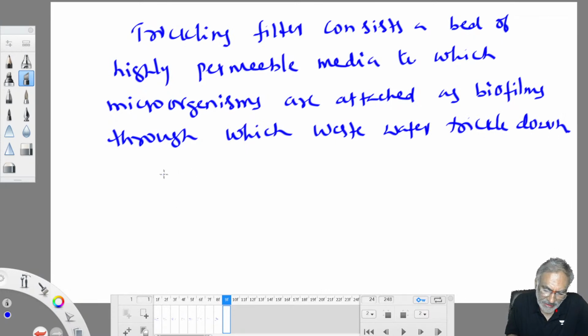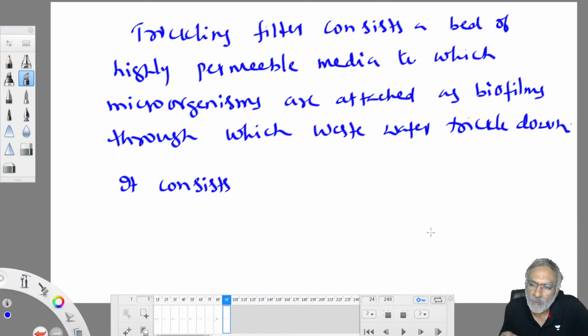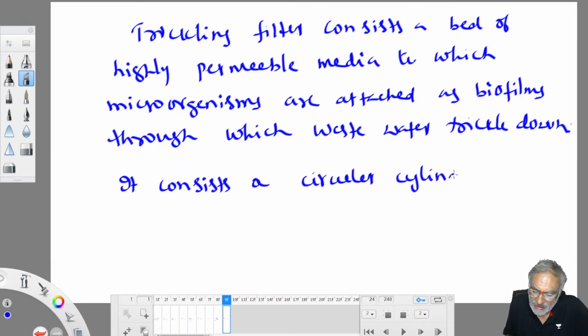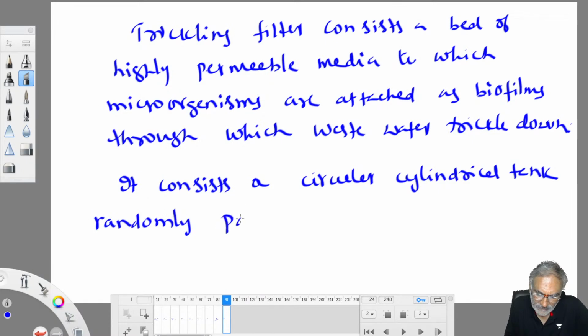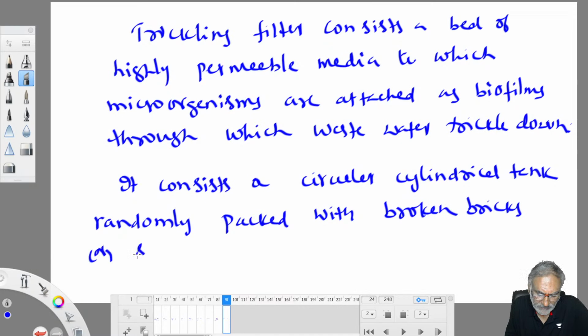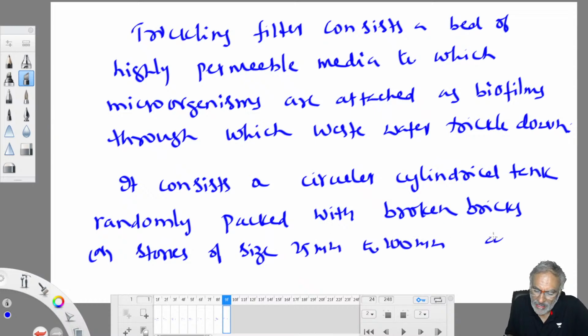So it is a circular tank. It consists of a circular cylindrical tank randomly packed with broken bricks or broken stones (25 mm to 100 mm) as inert media. On the surface of the broken bricks or stones, we grow microorganisms as a biofilm. Microorganisms are firmly held to the inert media as biofilm. They stick to the inert media.